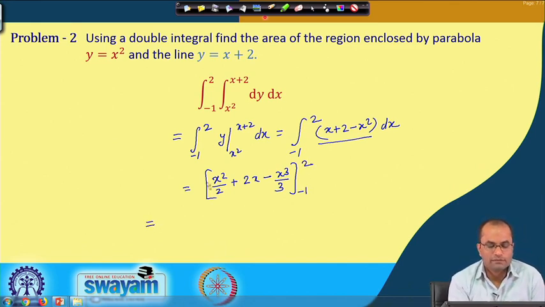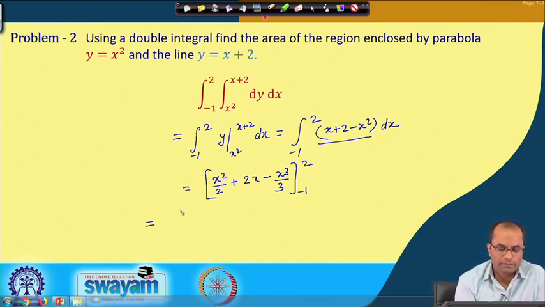Here we can now put the upper limit and the lower limit in each expression. So, we have x square by 2: that means 4 by 2 minus 1 by 2, which is 3 by 2. Then 2 x gives 2 times 2 minus minus 1, which is 6, and then minus x cube by 3: 8 by 3 minus minus 1 by 3, which is 3, so minus 3.